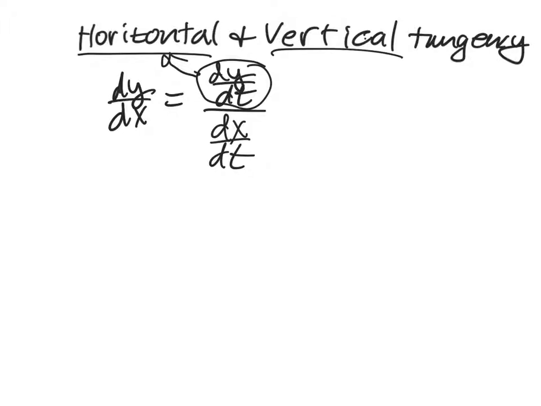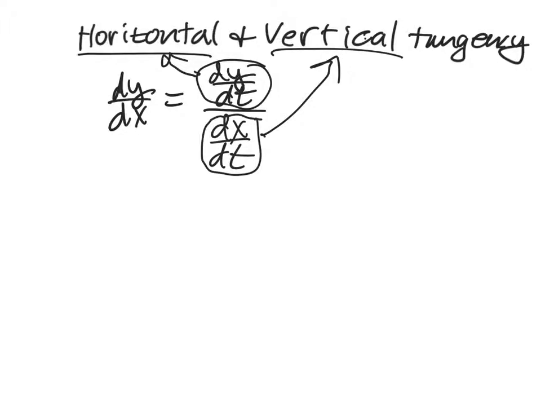And vertical tangent lines, well, vertical lines have undefined slope. Well, that comes from the denominator equaling 0. So horizontal and vertical tangent lines, where do those occur? It's essentially taking your numerator, setting it to 0, take your denominator, set it to 0, and then don't forget, that'll give you the t value. Plug the t in to x and to y to find the point.